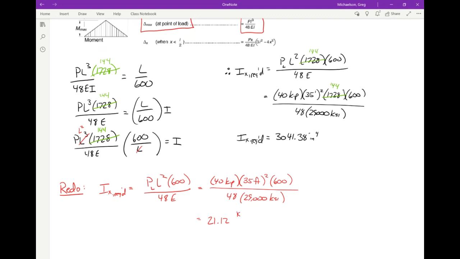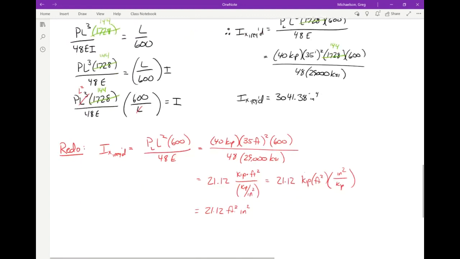Okay, so we have on the top kips times feet squared over kips over inches squared. So this is 21.12 kips feet squared, and then inches squared over kips. So this is 21.12 feet squared, inches squared.